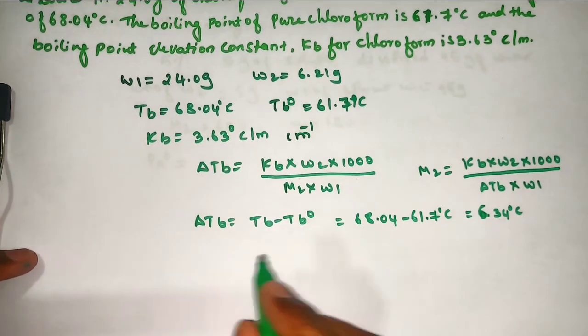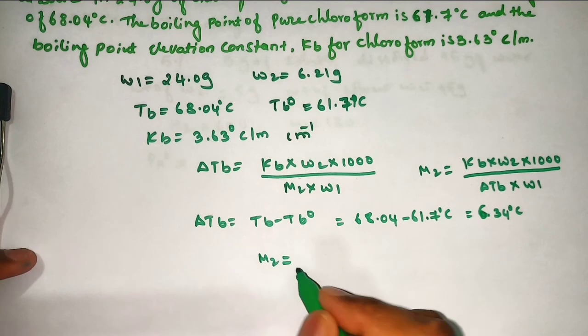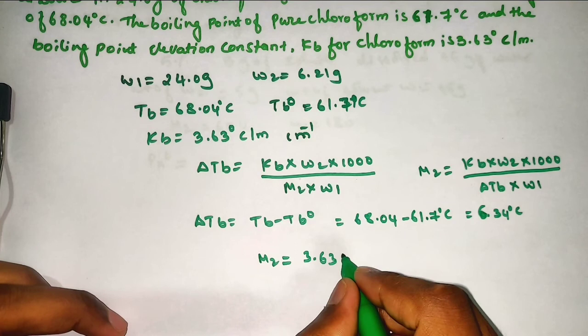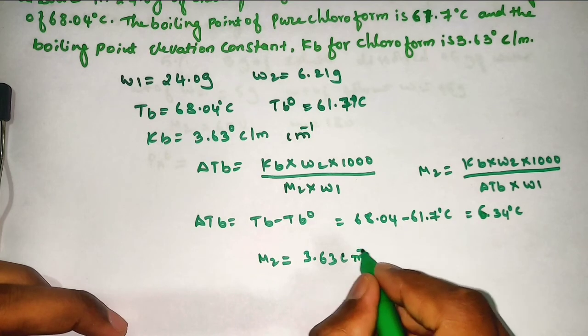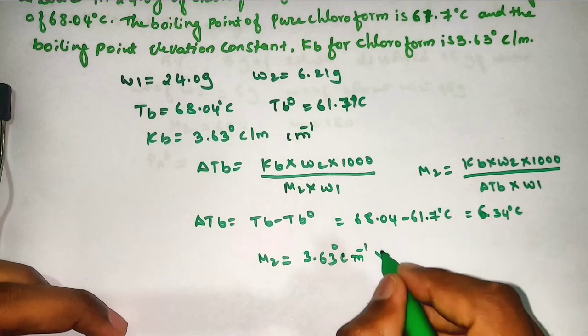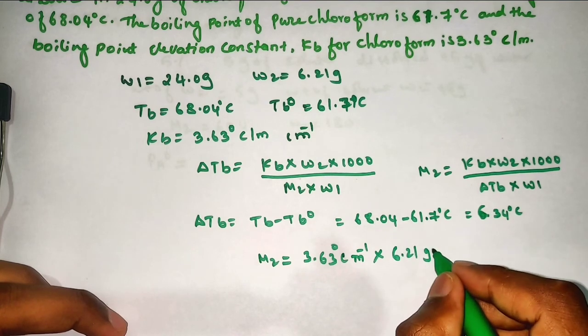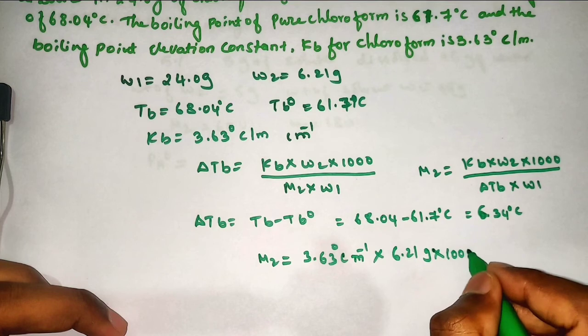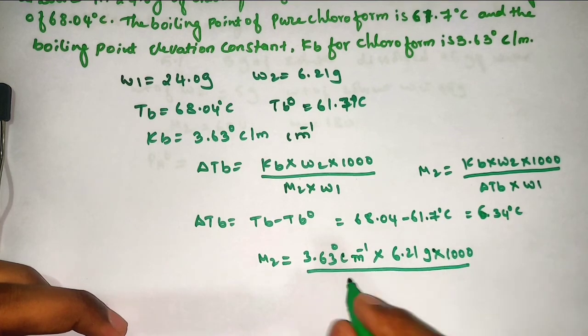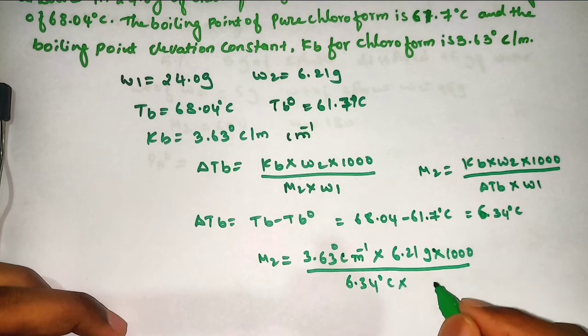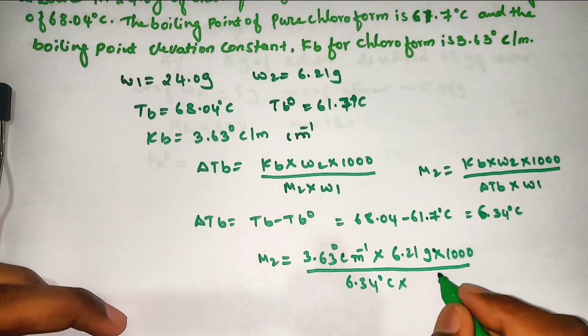What are you going to get? M2 is equal to Kb, which is 3.63 Celsius per meter, into 6.21 gram, that is W2, into 1000, upon delta Tb, which we have just calculated, 6.34 degrees Celsius, into W1, which is 24 gram.